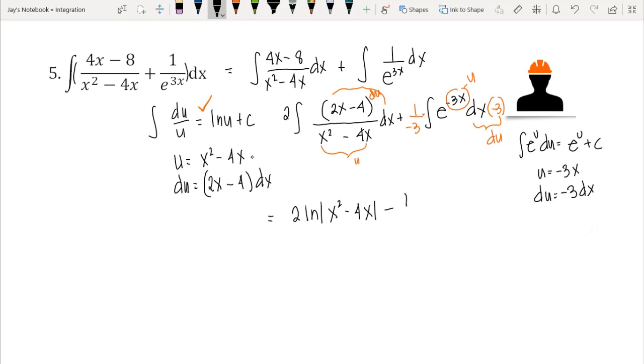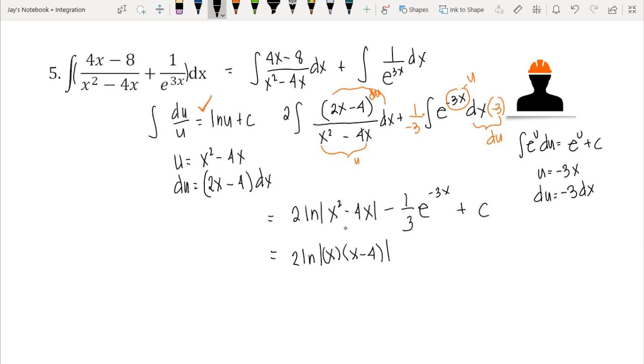Then we have 1 over 3, then e raised to u plus c, where our u is negative 3x. That is e raised to negative 3x. Then we have plus c. Okay, however, this one we can make into simplest form. That is, we can factor out x, then the remaining would be x minus 4.